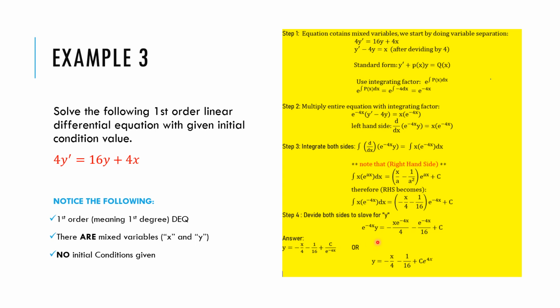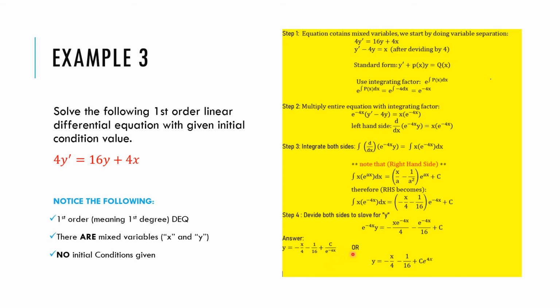And remember, because you are solving for y, you have to divide both sides of this equation by the integrating factor, which is e raised to minus 4x. If I do so, I would get y equals negative x over 4 minus 1/16 plus c divided by e to the negative 4x.